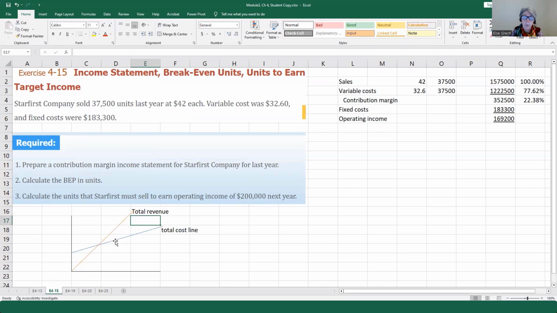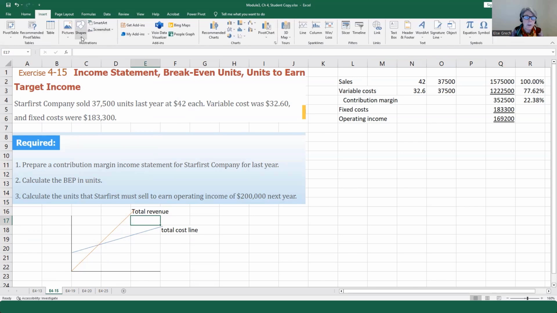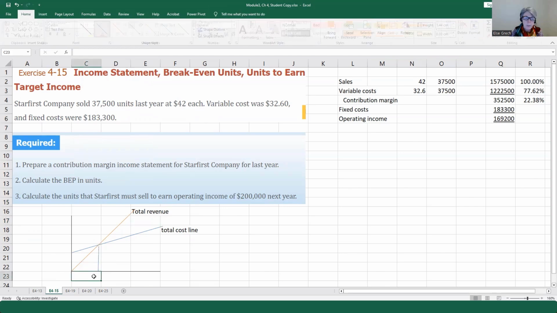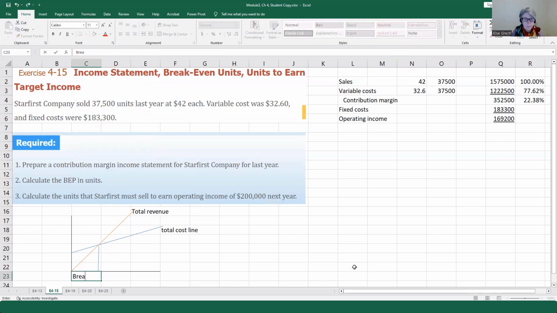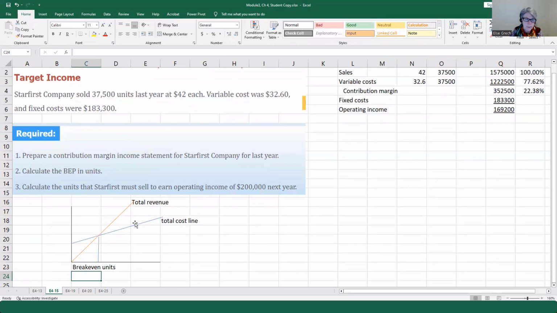If we have operating income, we're over here. And if we're over here, that means we are selling more. So I'm just going to insert another line just to show. So this is break-even units. Right here, this would be the break-even units, right?